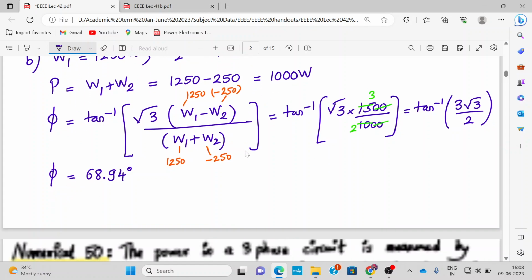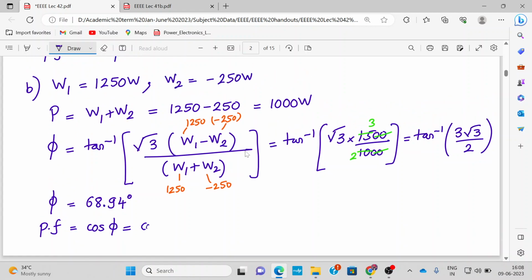Subsequently the power factor will be cos of 68.94, which comes out to be 0.359. Alright, so this is the power factor for both the cases.